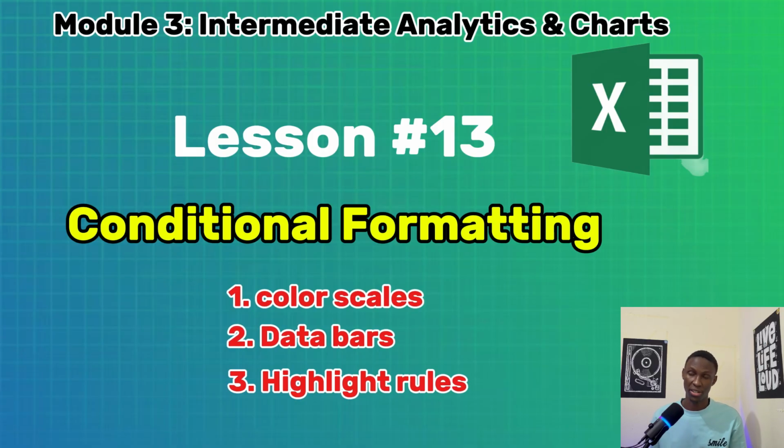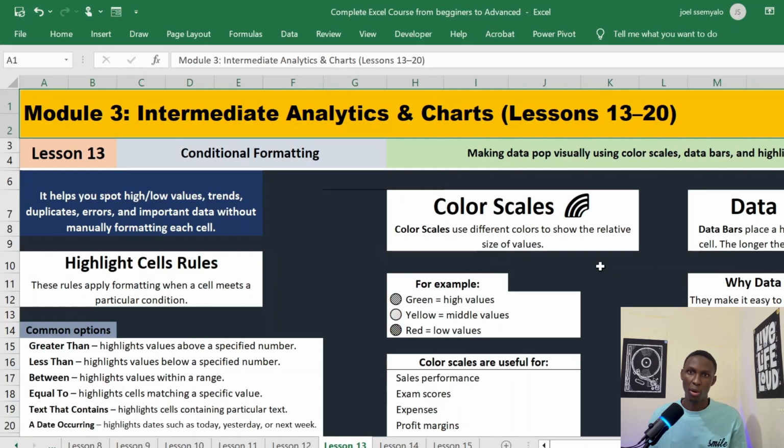You may ask yourself, why does conditional formatting matter in Excel? It helps you to spot high or low values within your data range, to trace the trends, and to locate duplicates, errors, and important data without manually formatting each cell. This helps you save time and energy when you're working with Excel.